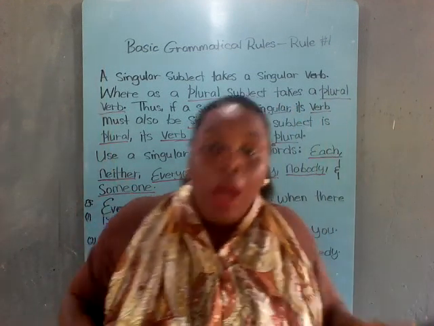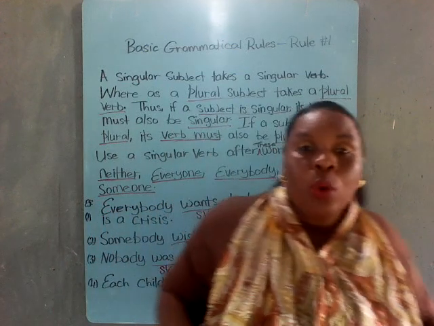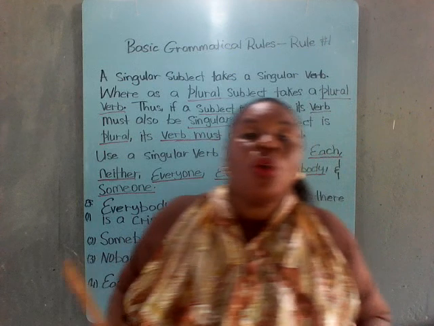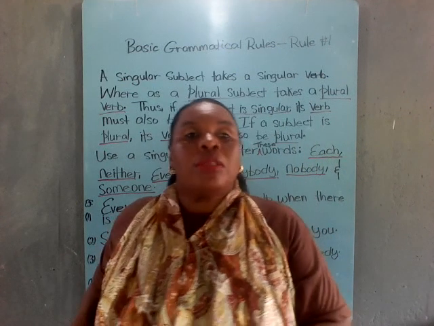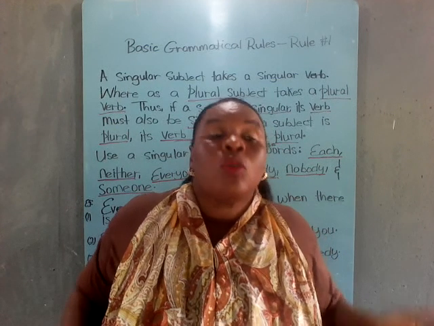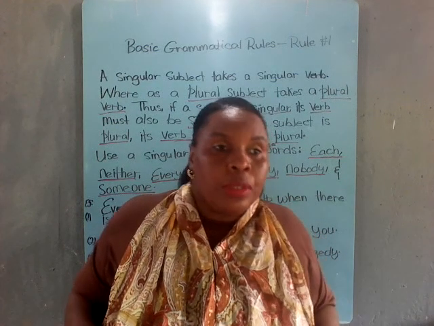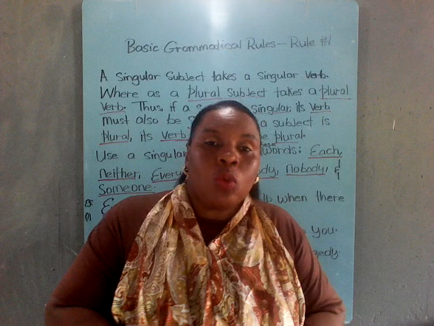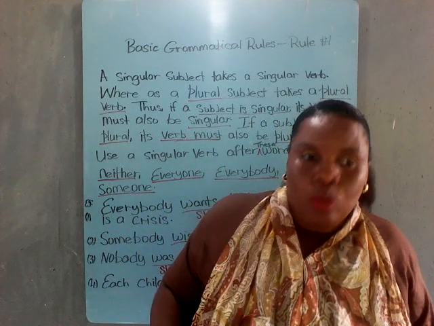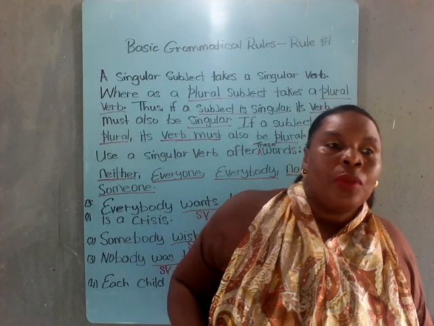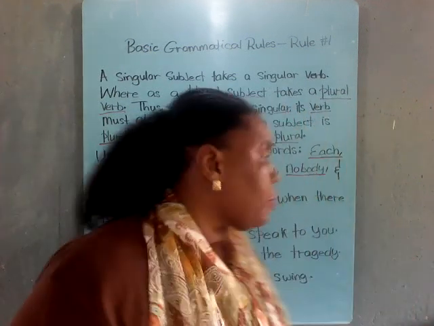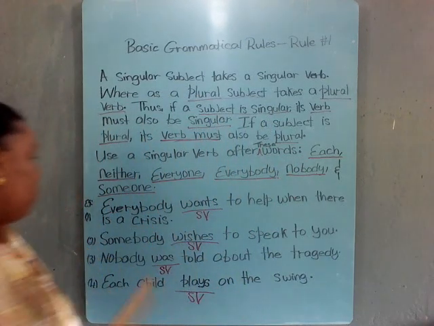It would be the box. So although the box has many books in it, it is not talking about the many books. The subject would be the box, so it would be singular. The box is one box, but it has many books in it. So the box was placed on the shelf.